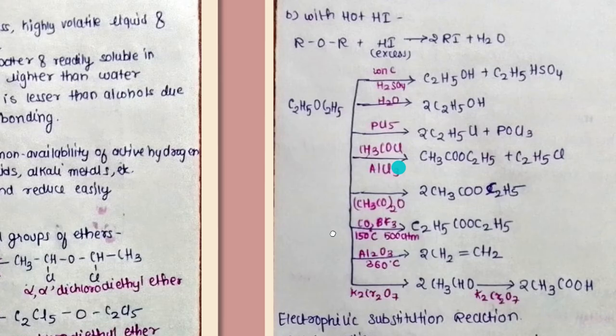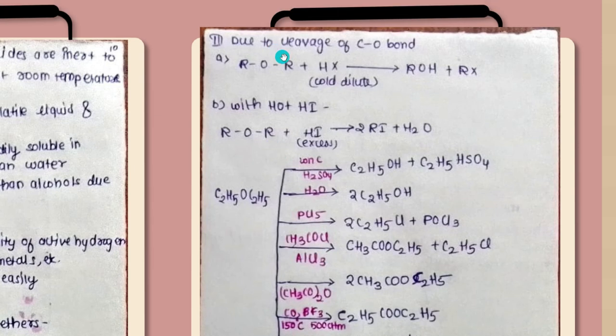Now coming to the third one, that is due to cleavage of the C-O bond. ROR plus HX, where HX is cold as well as dilute, will give me ROH, that is alcohol, plus RX, that is haloalkane.